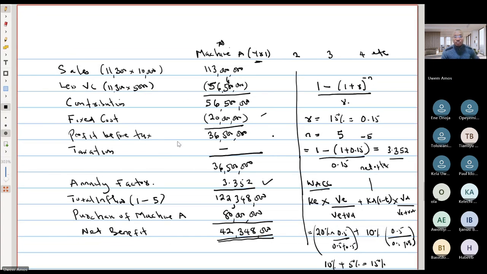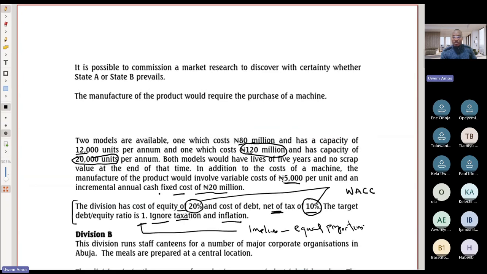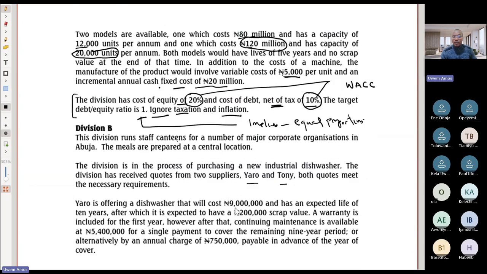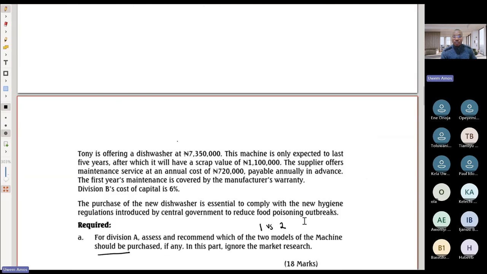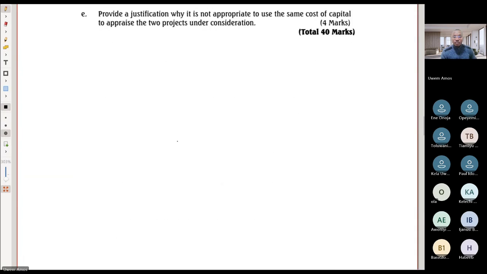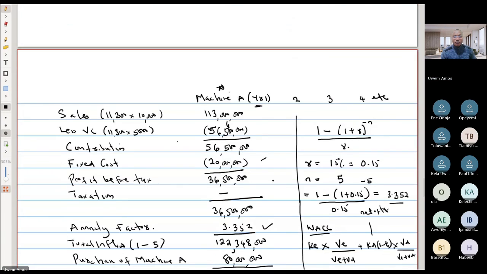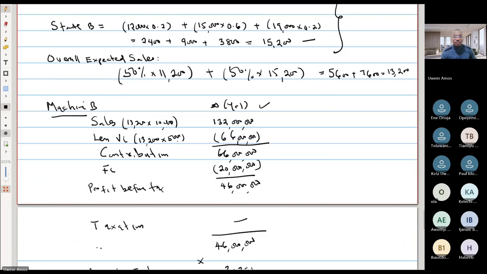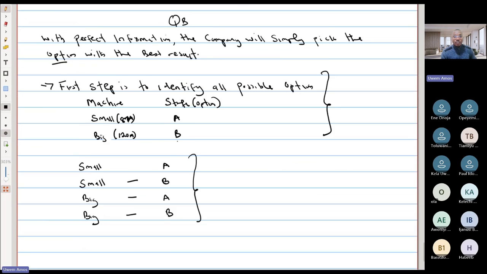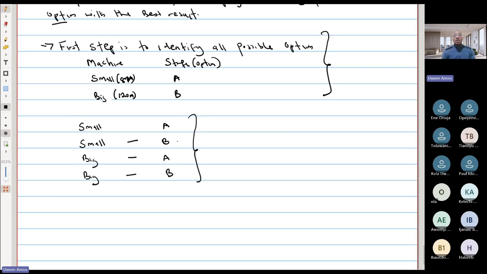Sorry, I need to scroll down. Okay. To streamline it, I can call this option 1, I can call this option 2, option 3, and option 4.